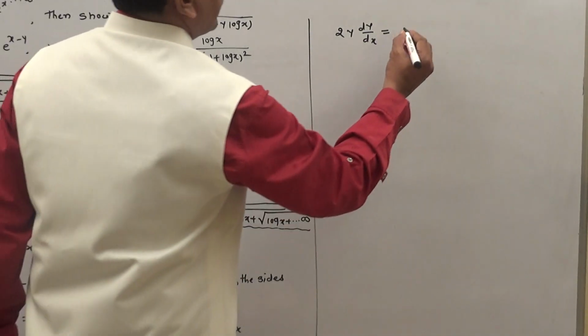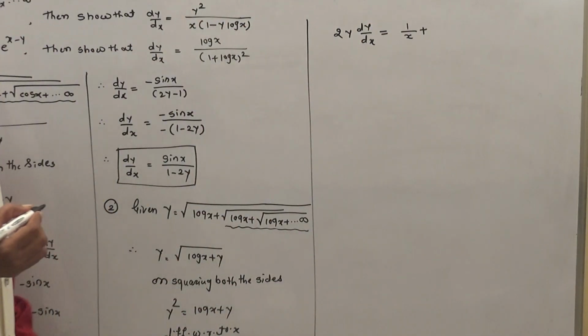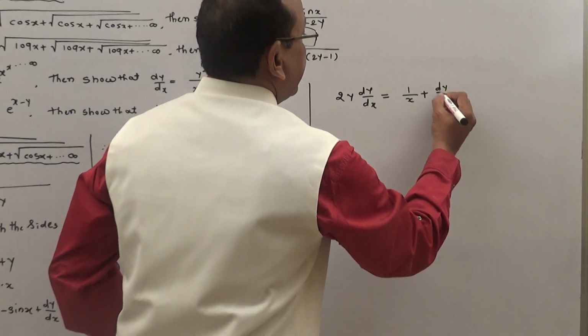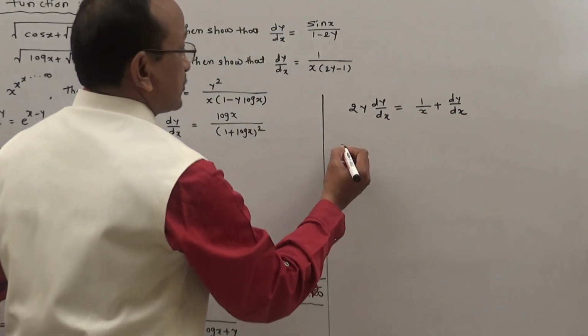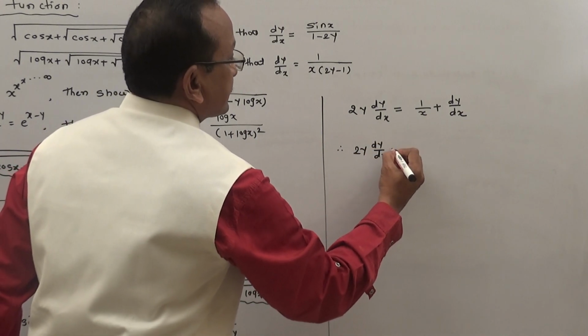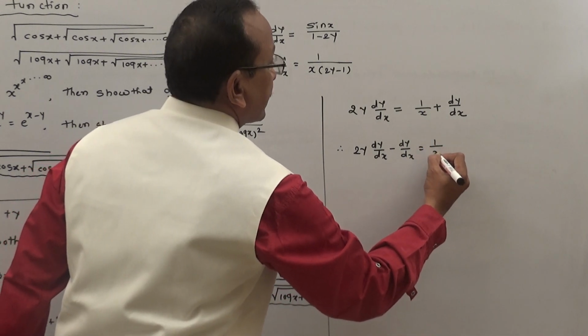The derivative of log of x is 1 upon x plus the derivative of y, which is dy by dx. So therefore 2 times y dy by dx minus dy by dx is equal to 1 upon x.